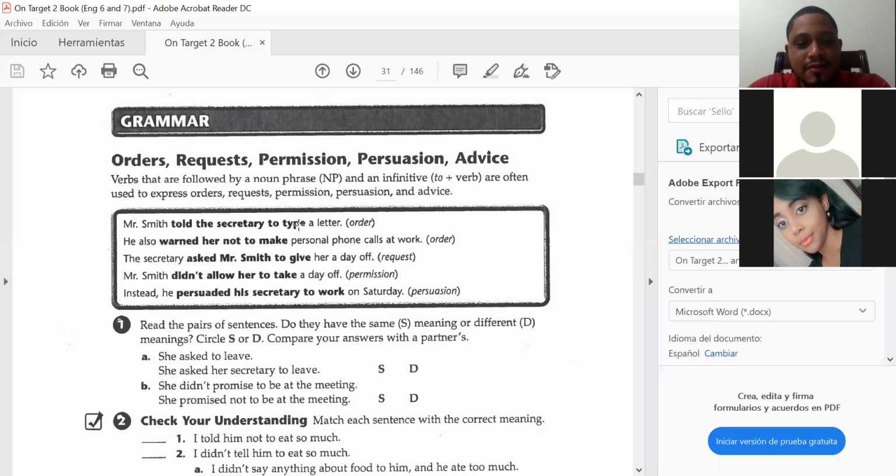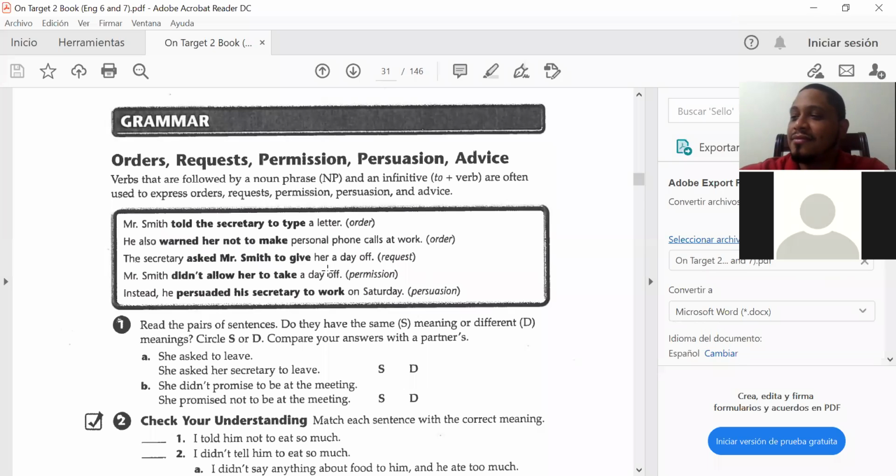In black it says, told the secretary to type. Okay. Told the secretary to type. All right. What is the name in there? There is a name over there.